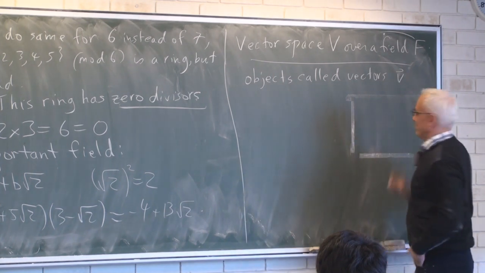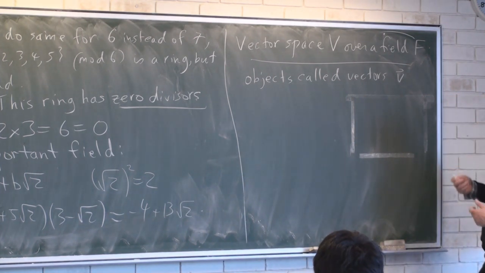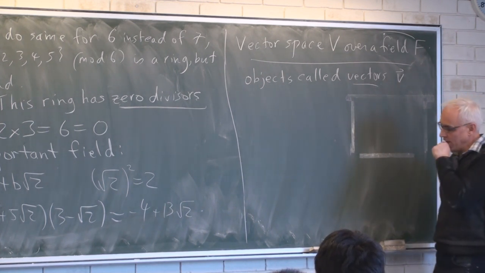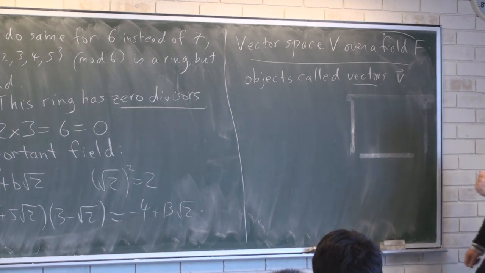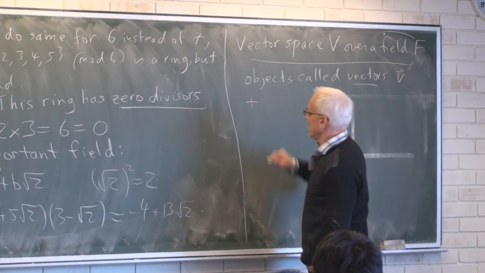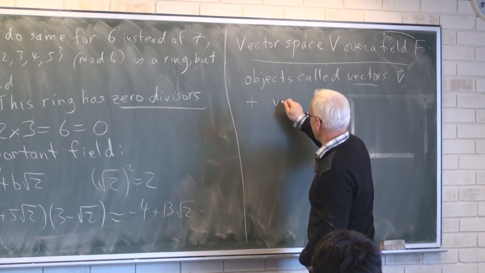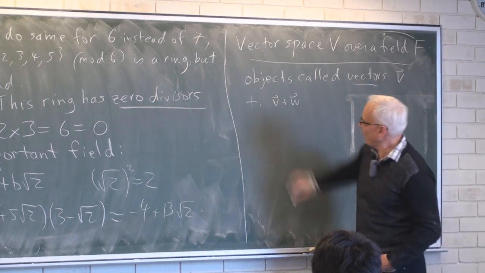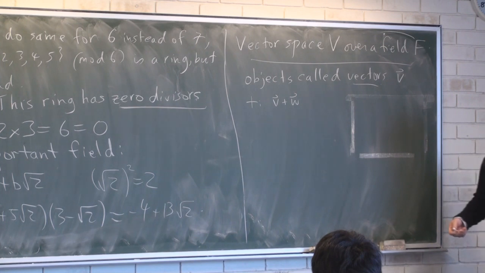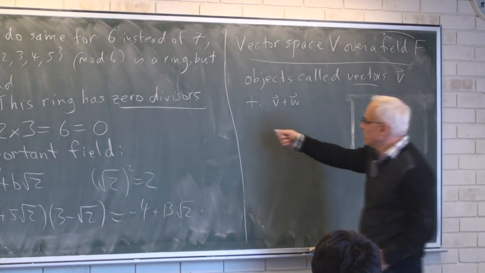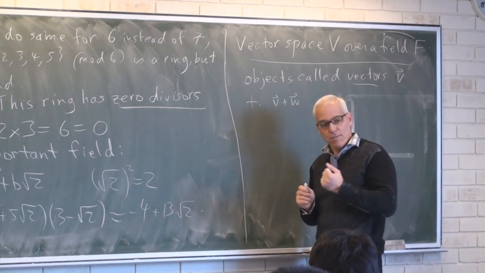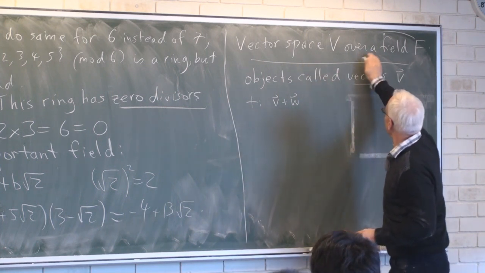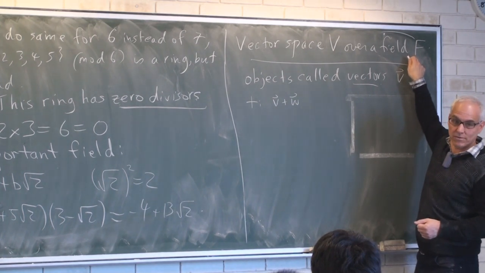Typically we might denote them with v with a little arrow telling us that these things are vectors, whatever they are. And we have two operations. We have an operation of addition, so we are allowed to define v plus w. And we're also allowed to multiply a vector by a scalar. It's a kind of multiplication, but not of vectors with vectors; it's a multiplication of vectors with numbers from the field.